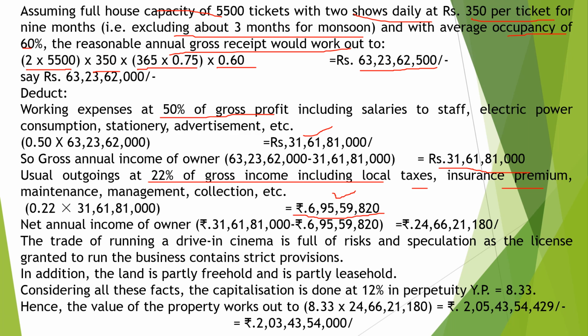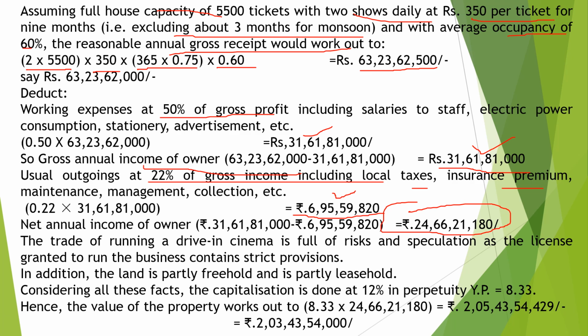From the annual income of 31 crore 61 lakh 81,000 we deduct this usual outgoing of 6 crore 95 lakh 59,820. So the net annual income is 24 crore 66 lakh 21,180.